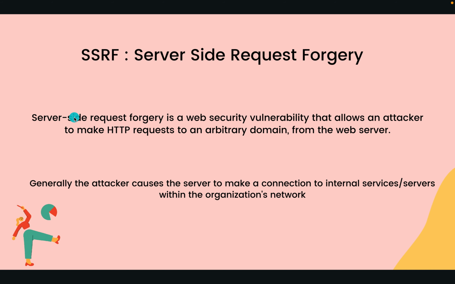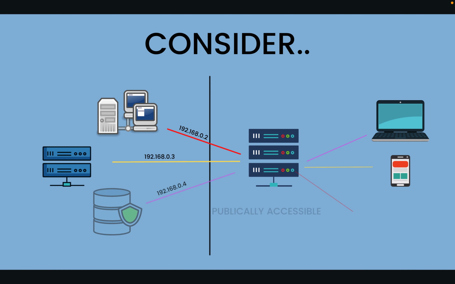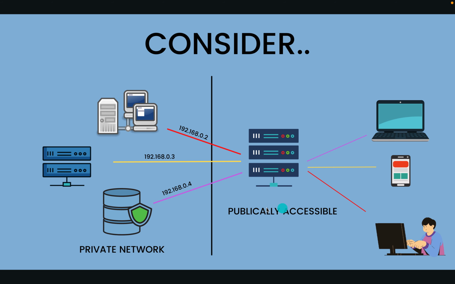Server-side request forgery is a web application security vulnerability that allows an attacker to make HTTP requests to an arbitrary domain from the web server. Generally the attacker causes the server to make a connection to the internal services of the organization, because you can make this server access any other server.